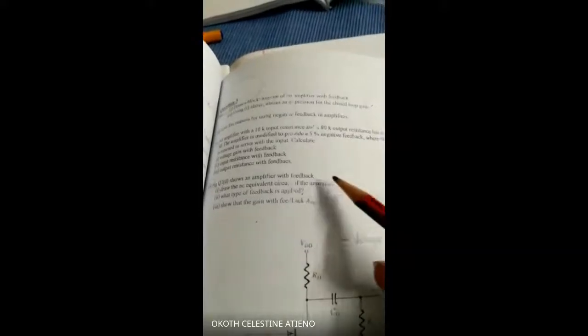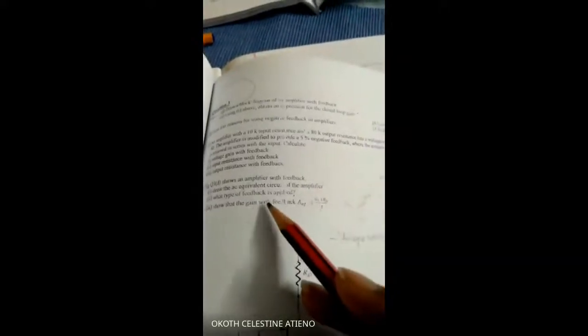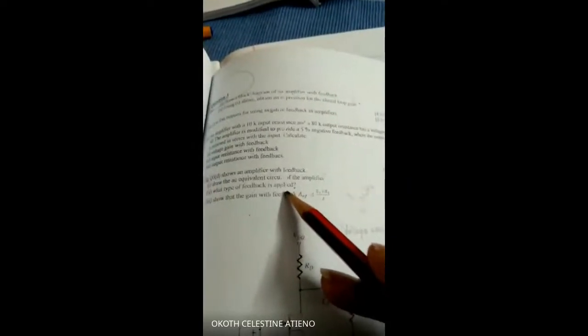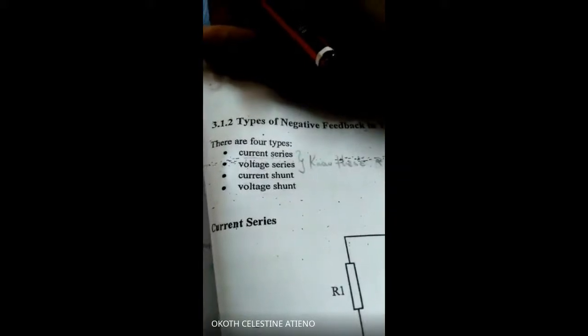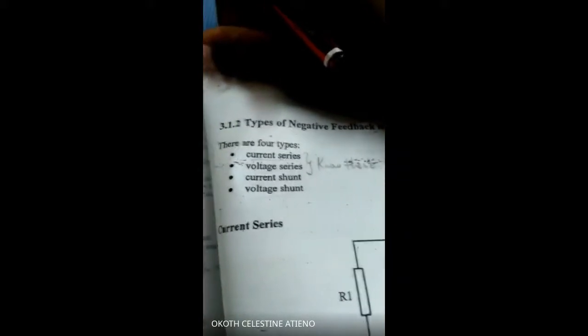Draw the equivalent AC circuit of the amplifier. What type of amplifier feedback is applied? Like we've said, of the 4 types of feedback in our notes, we have current series, voltage series, current shunt. Now we've only done current series and voltage series.